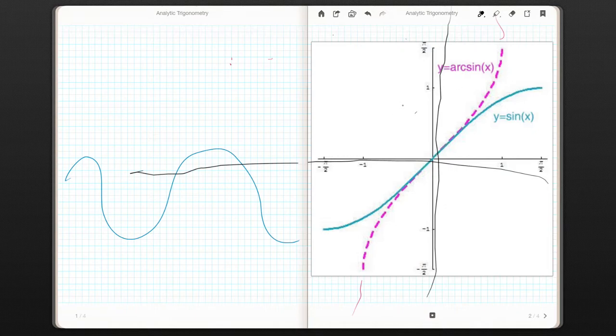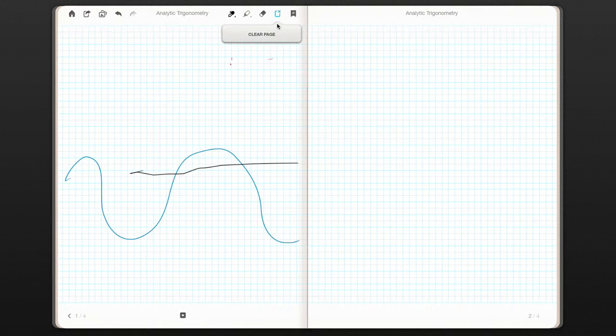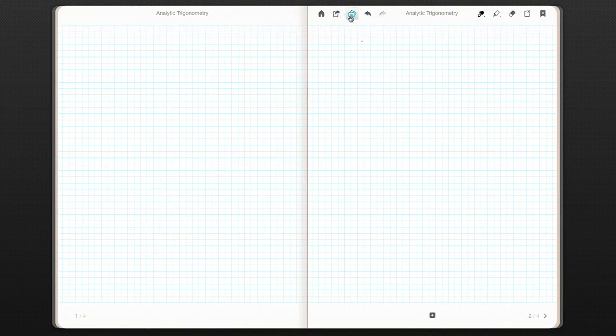So it won't even be a function if we turn it on its side. This is why the domain and the range are limited to negative pi over 2 to pi over 2 on the y-intercept.